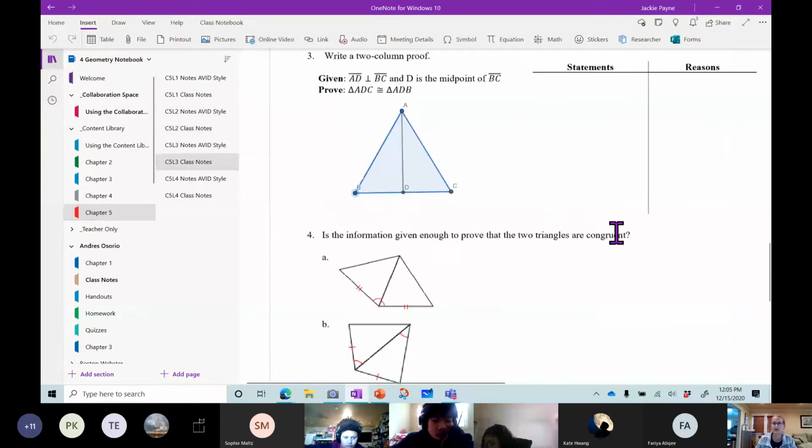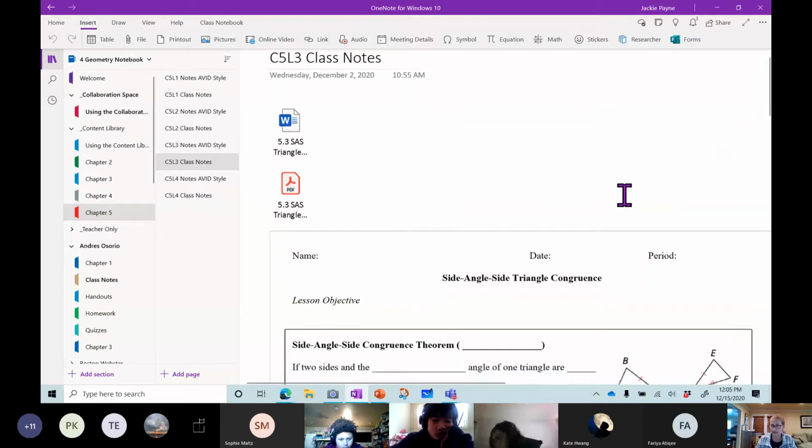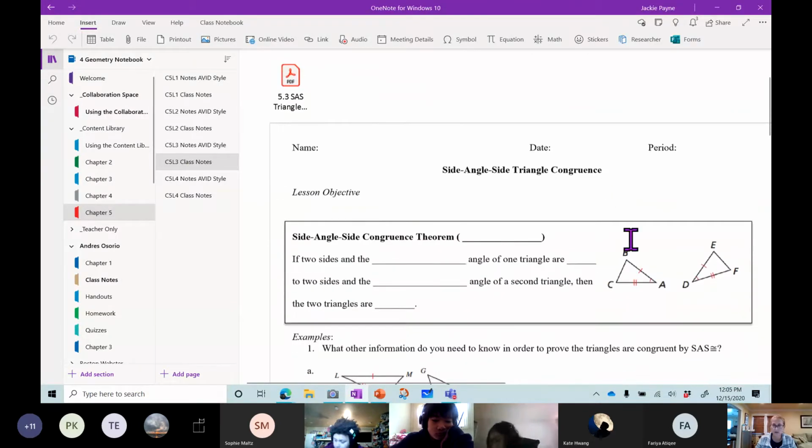The third part is where we were proving that triangles are congruent if we know that two of the sides are the same and the included angle, here it's A, is congruent to angle D. So the two sides that form the angle are the ones that have to be congruent.